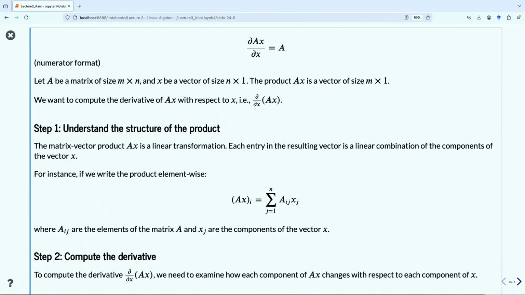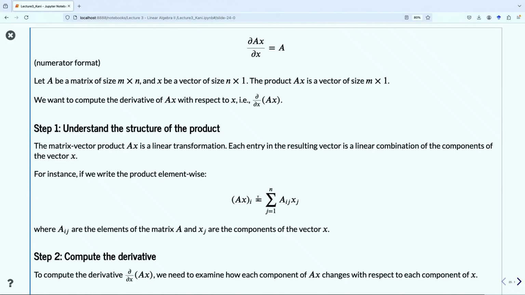And for each element i of this vector, what is that equal to? It's equal to the i-th row of the coefficient matrix times x, the sum of these things. This is physically the calculation, okay?